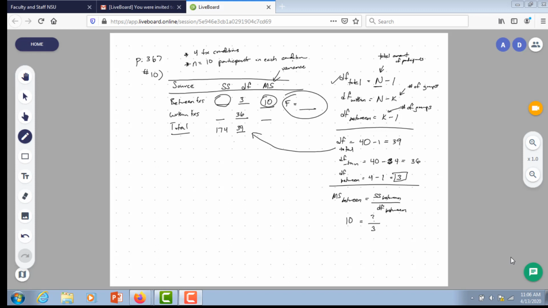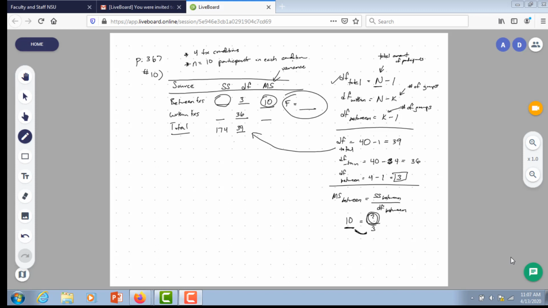Now, if dividing the sum of squares between by the degree of freedom between gives us the mean square between, then it stands to reason that doing the opposite operation, so instead of dividing here but multiplying here, will give us what we need there.